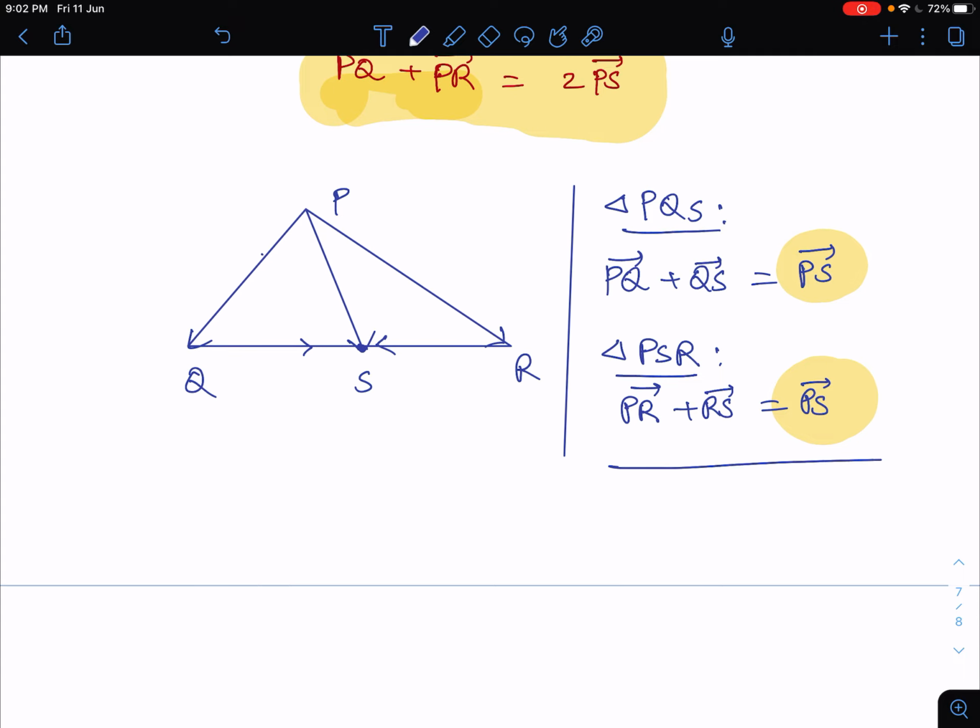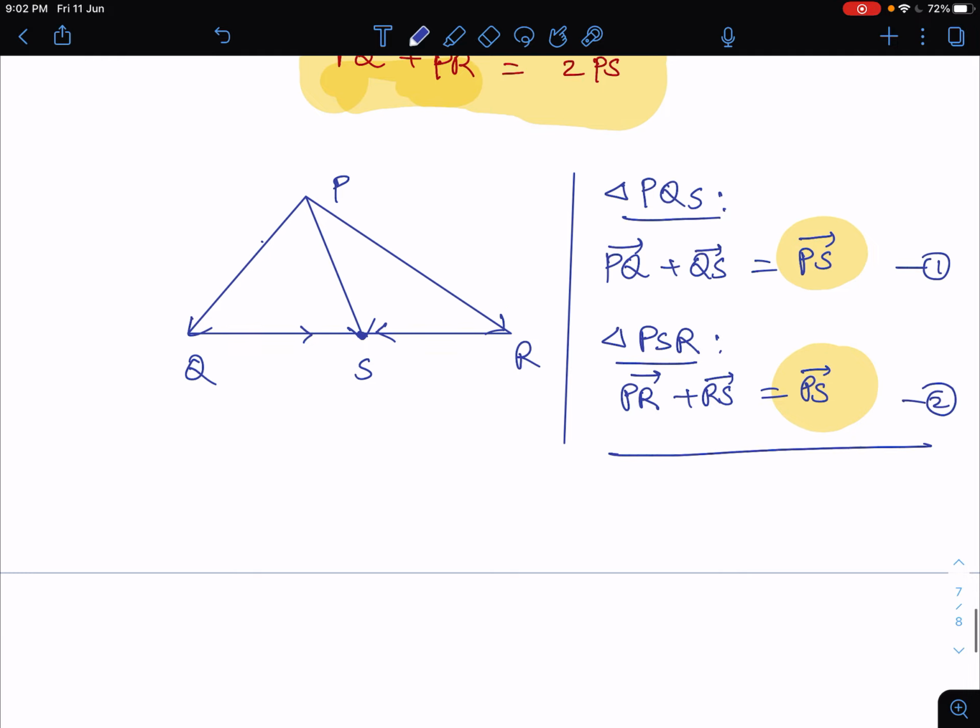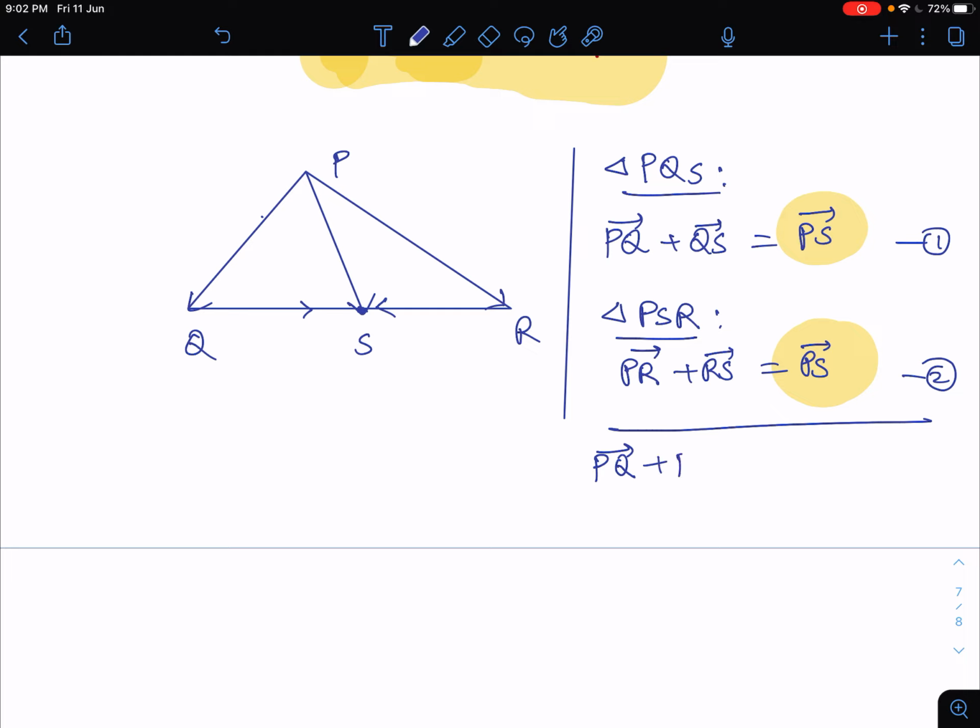So if you add equation 1 and equation 2, you will get PQ plus PR plus QS plus RS is 2PS. Now what is QS plus RS? Since S is the midpoint of QR, the mod of QS is the mod of RS. But the direction of QS is opposite to the direction of RS, since QS acts from left to right and RS acts from right to left in the same line.